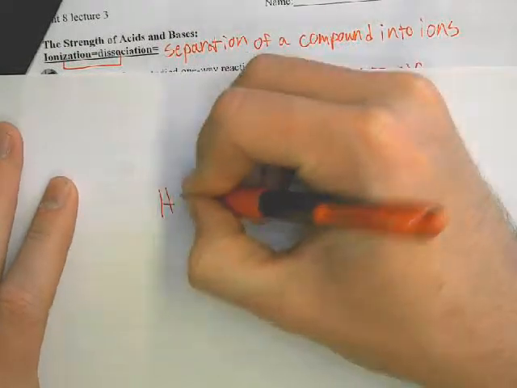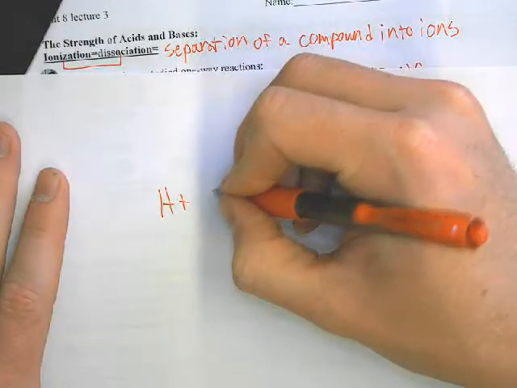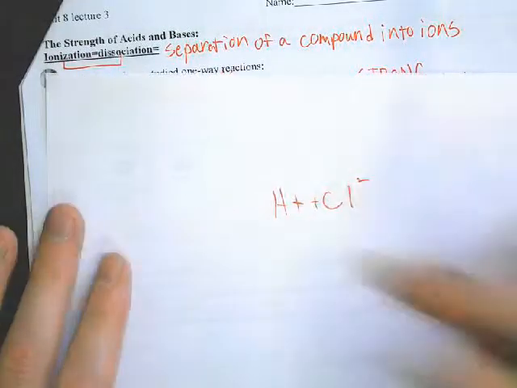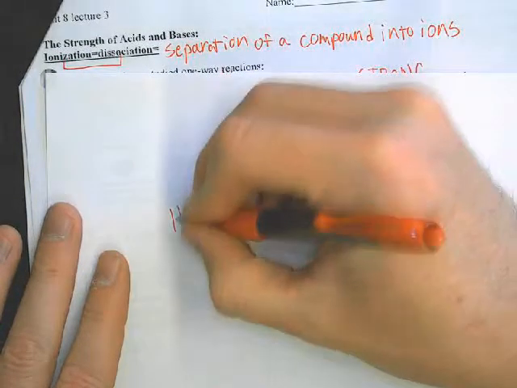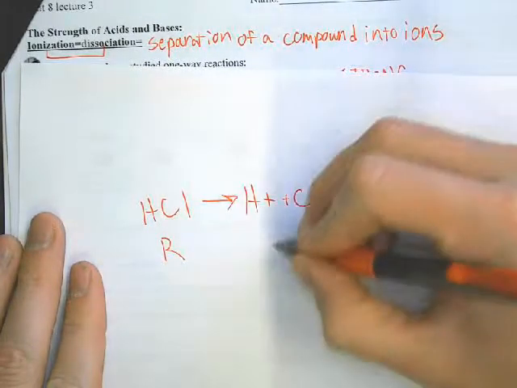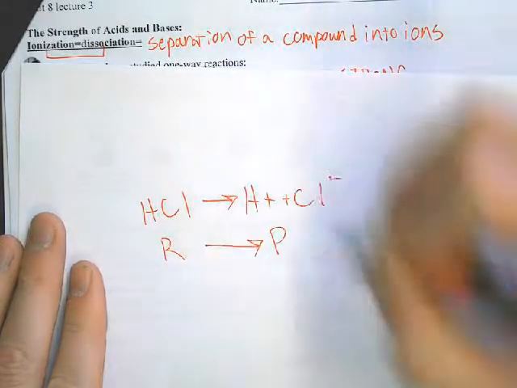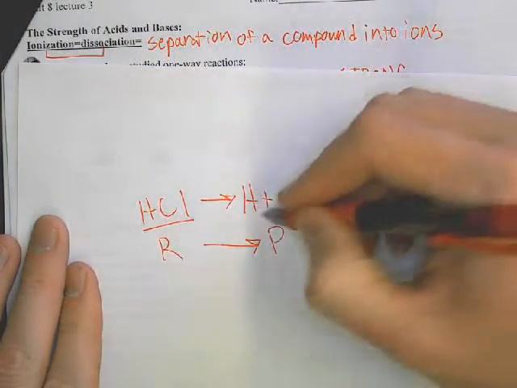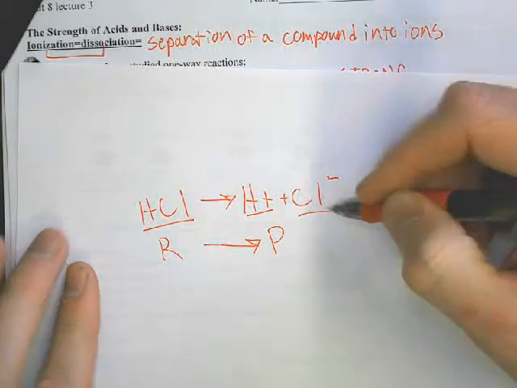Recapping: on the reactant side we have HCl, and we go to H plus and Cl minus on the product side.